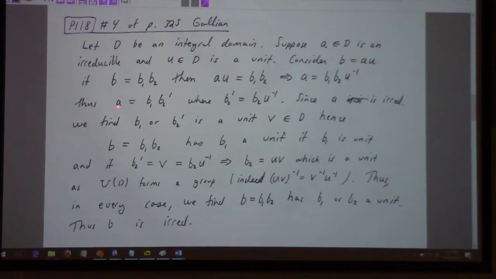Thus a equals b1 b2', where b2' is equal to b2 u inverse, but since a is irreducible, we find either b1 or b2' is a unit. If b2' equals v, that implies that b2 is uv, which is a unit.